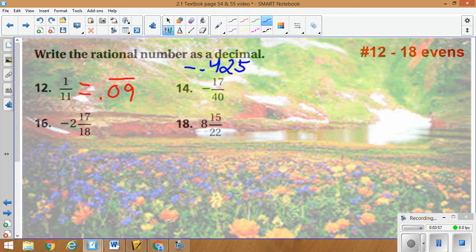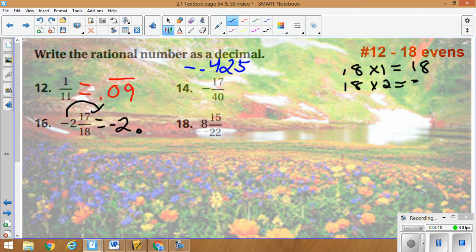Okay, number 16. The negative 2, the integer part, is just going to get carried over. So here is negative 2 point something. So the first thing I'm going to do is write the 18 times tables for you. 18 times 1 is 18. 18 times 2. So make sure you're copying these facts down.